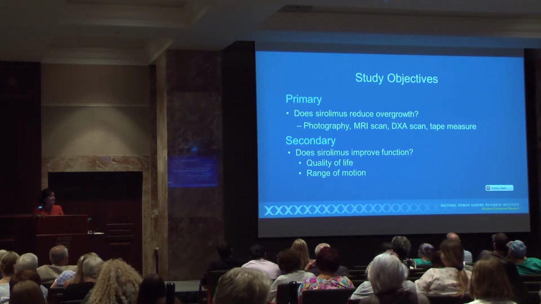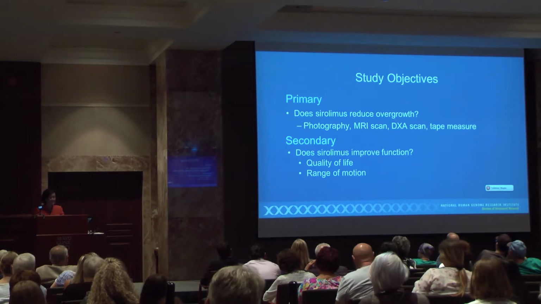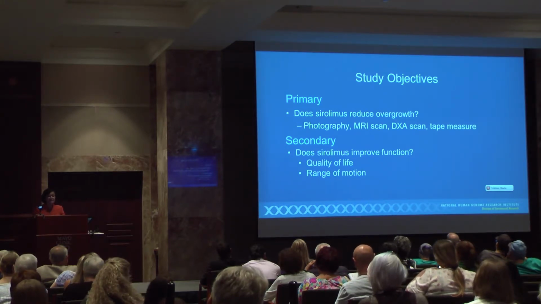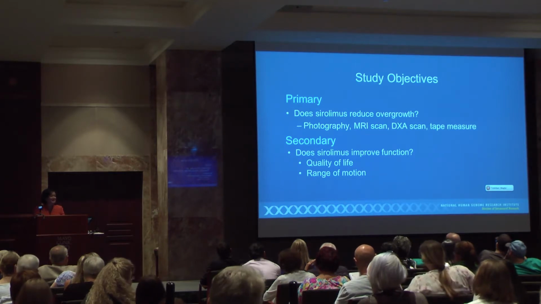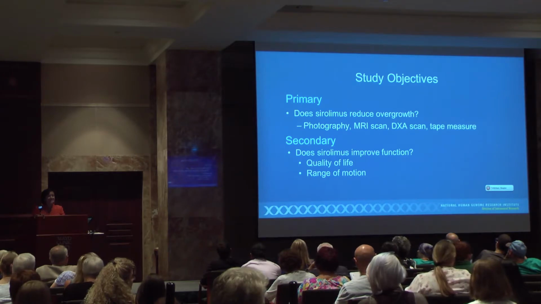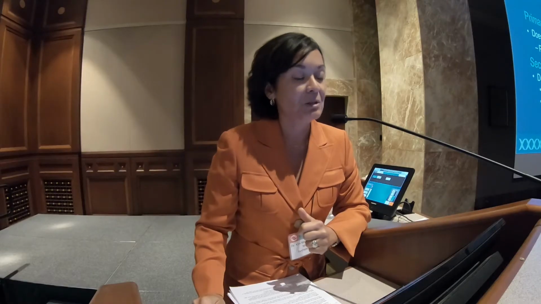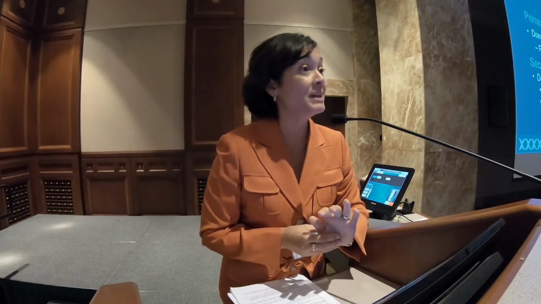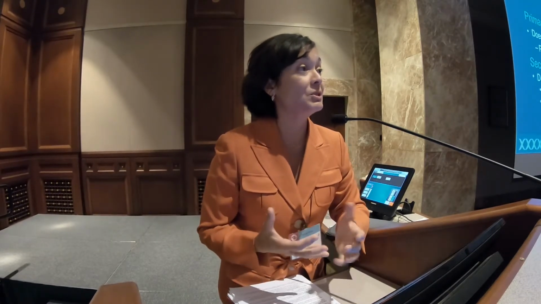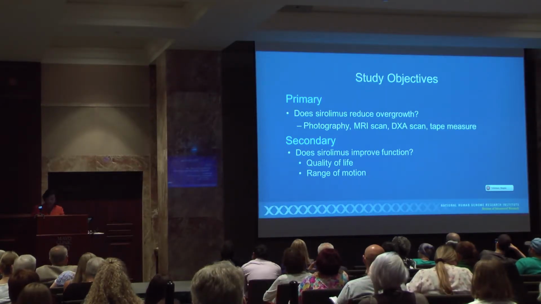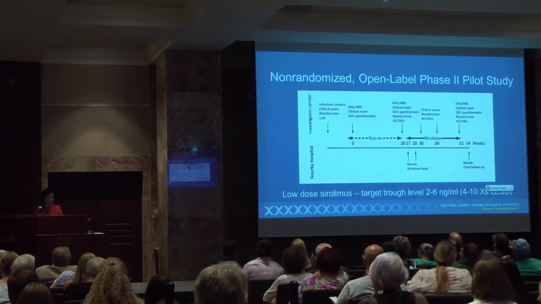Photography, quantitative or volumetric MRI scan, DEXA scan for whole body composition, and then a tape measure, so measuring the parts that are bigger or smaller. And then a secondary goal that we had was to determine if it improves function. We really wanted patient-reported outcomes, so we used several different types of validated measures for that purpose, and then objective evaluations with range of motion.